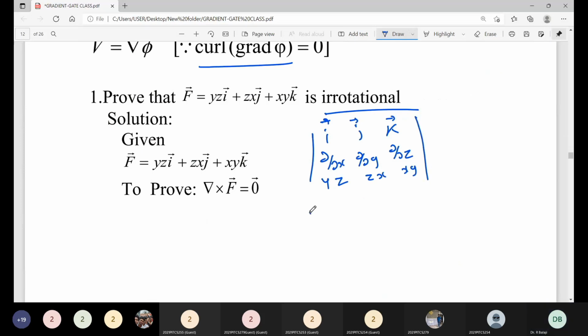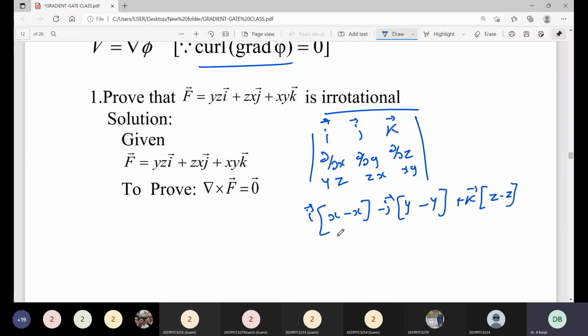Now, i vector into, the answer is x minus x, minus j vector into partial derivative of xy with respect to x, answer is y. Here, with respect to z we'll get y, then plus k vector into z minus z.